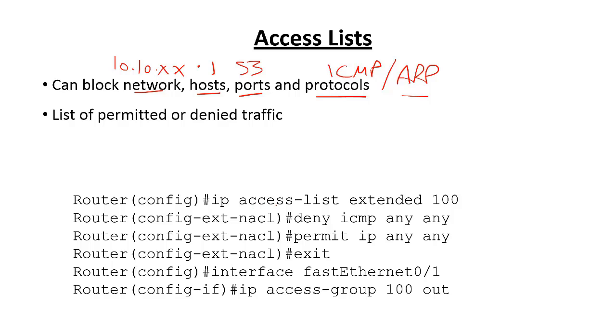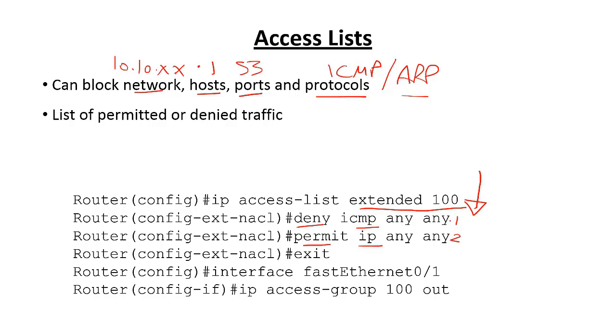Don't worry about the text here, because you're not expected to know this for the exam. You've created an access list and you've said deny ICMP traffic and permit IP traffic. What happens is the access list is always processed top to bottom. I've only got two entries on this, so it'll be pretty quick actually.